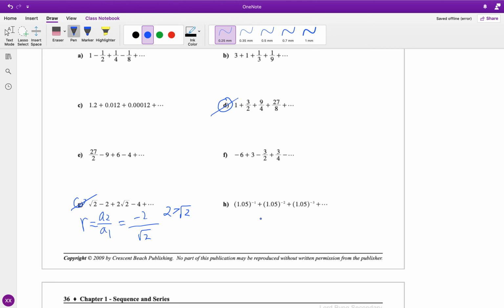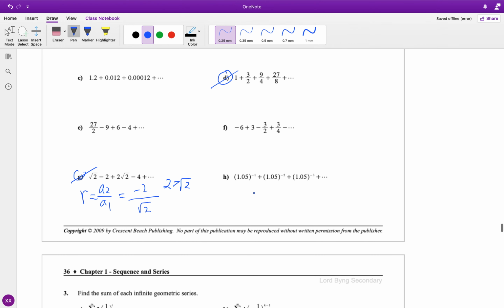Now this one is interesting, it has all negative exponents. That should not be an issue. However, let's rewrite it. This one divided by this one, a2 divided by a1. So what's happening here is 1.05 to the power of negative 2 divided by 1.05 to the power of negative 1. Here, use the exponent law.